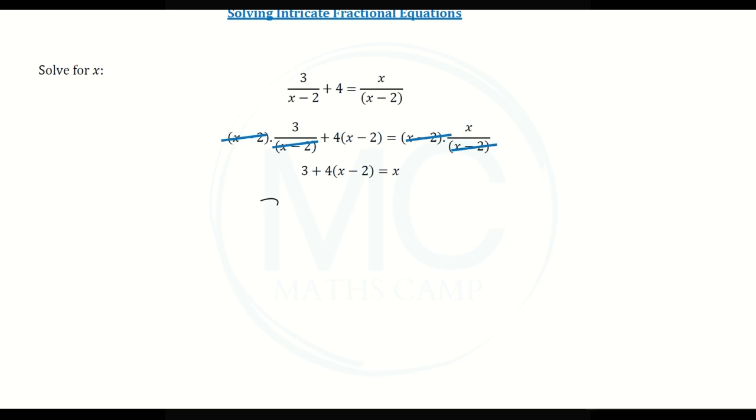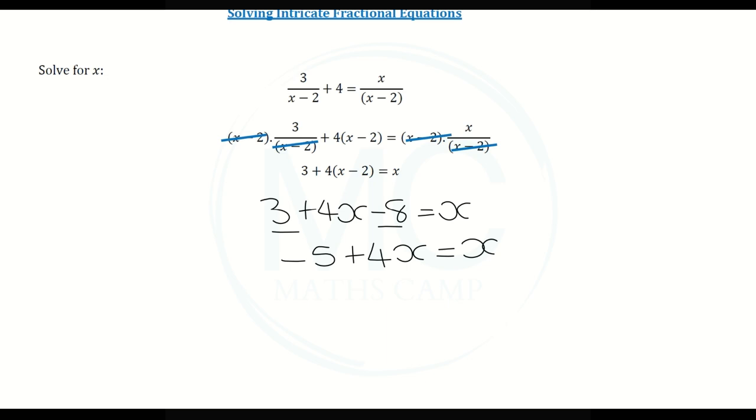So we have 3. Positive 4 multiplied by x gives us positive 4x. 4 multiplied by negative 2 is negative 8. And we make this equal to x. Now we can tidy this up a little bit. 3 minus 8 is negative 5. So we have negative 5 plus 4x is equal to x. 4 is the higher coefficient, so on this side we've got 4x.